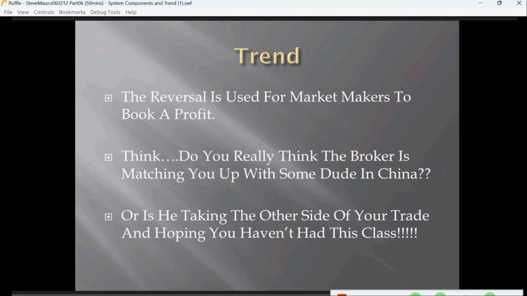The reversal by the market maker is used for him to book a profit and nothing else. Think for a second. Do you really think that the broker's matching you up with some dude in China or somebody in Omaha? The dealer has to book a profit.